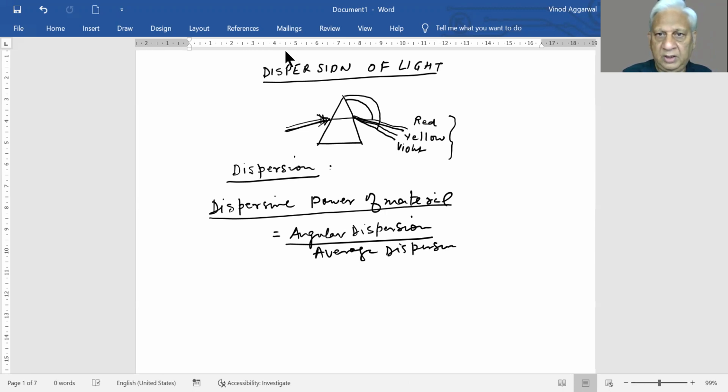If I elaborate here, let us say you have right on top red, then you have yellow, at the bottom you have violet. This is the part of the prism.